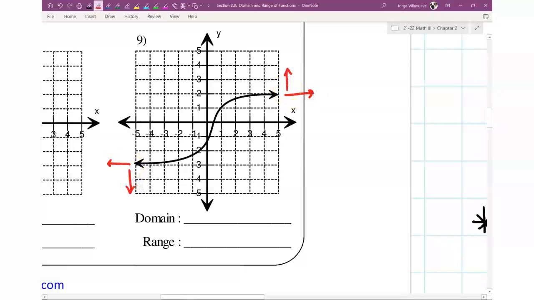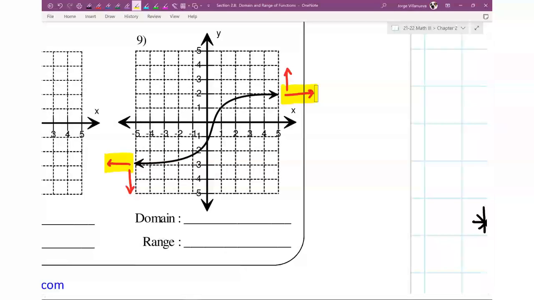It's never stopping. So first off, is this a function? You would say, yes, that is a function. But if I ask you, what is its domain? How far left does this graph go? Well, you're going to say left is forever, right is forever. So my answer should be what?